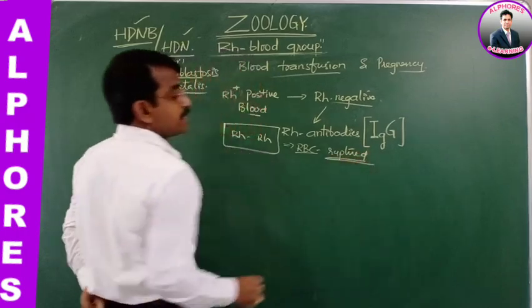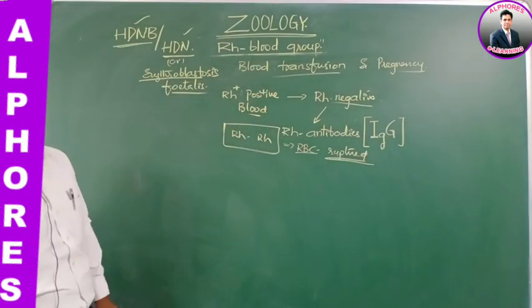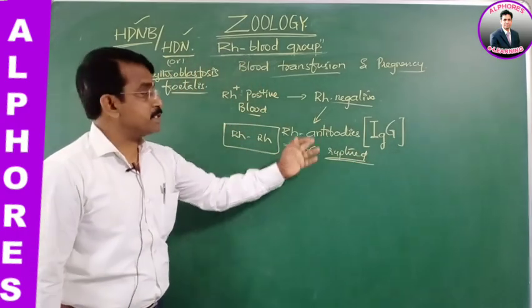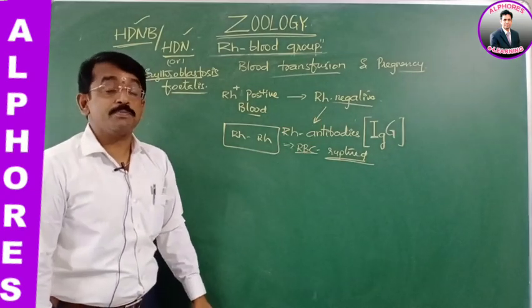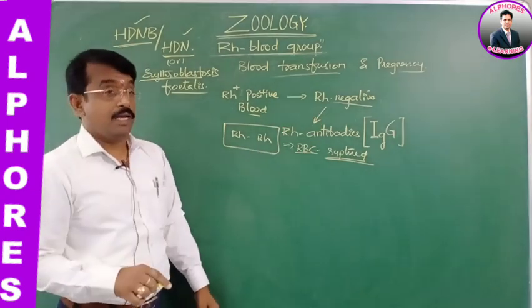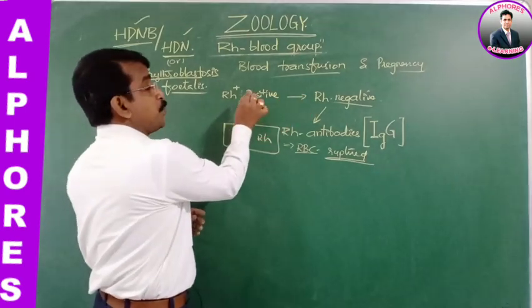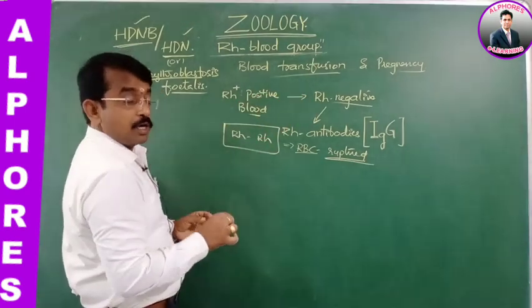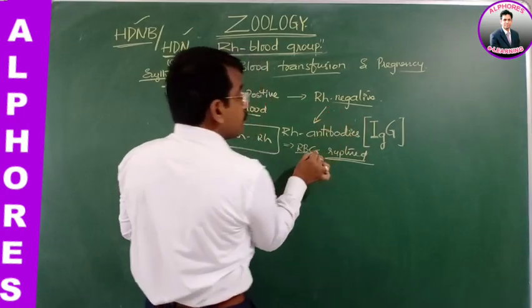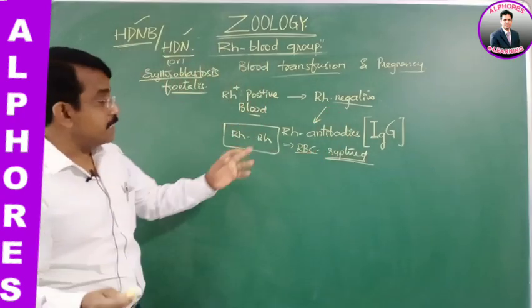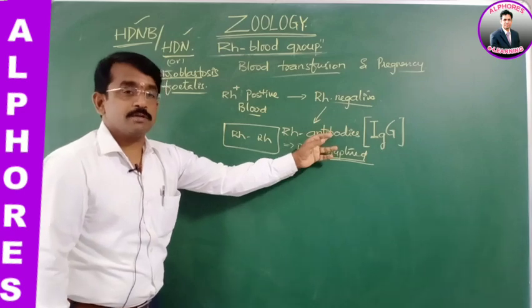This is the consequence we see. With the first exposure to the Rh antigen, the recipient's immune system is sensitized and produces Rh antibodies.